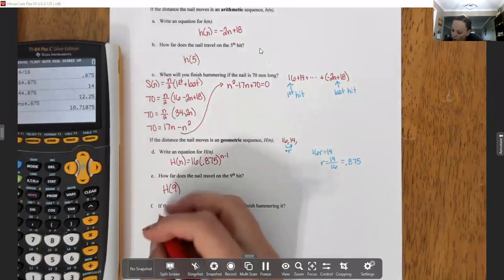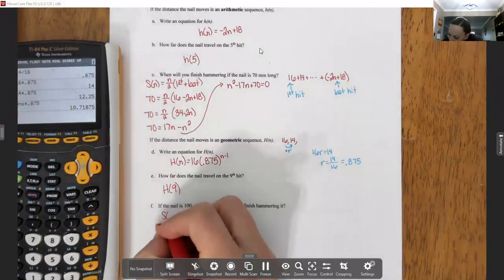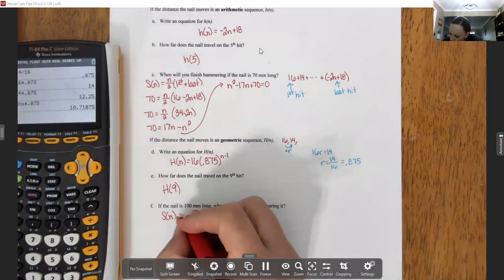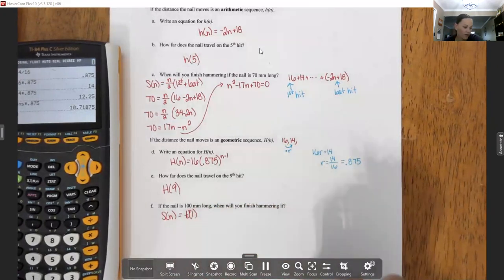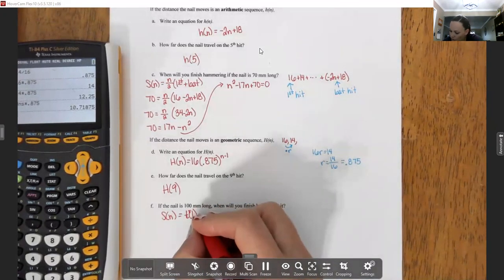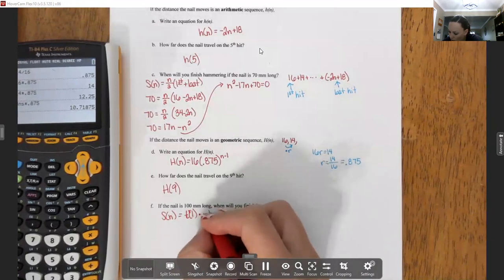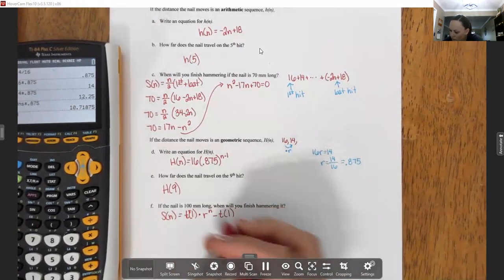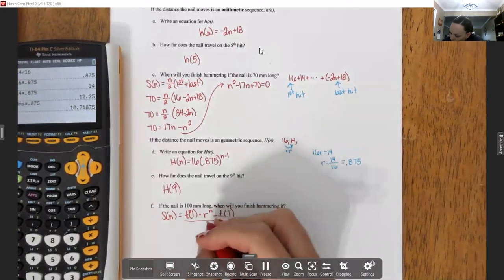So here for our sum of n for a geometric series, we know is, what is it? The first term, or t of 1, which is the first term, times r to the power of n minus t of 1 divided by r minus 1.